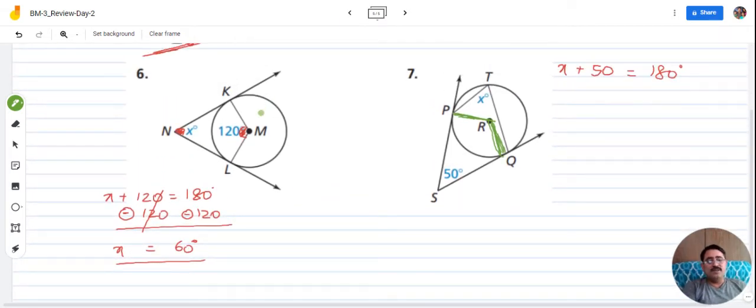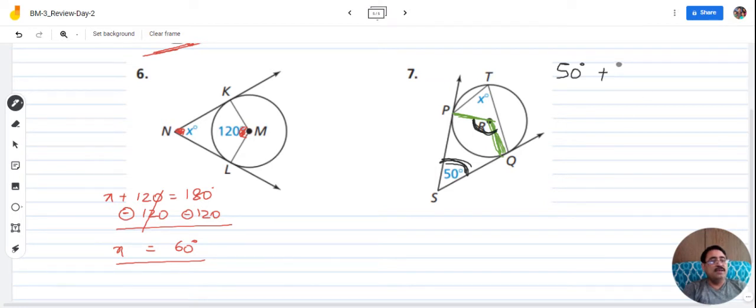Let me find the value of the central angle, which is PRQ. Let me take 50 degrees plus PRQ.